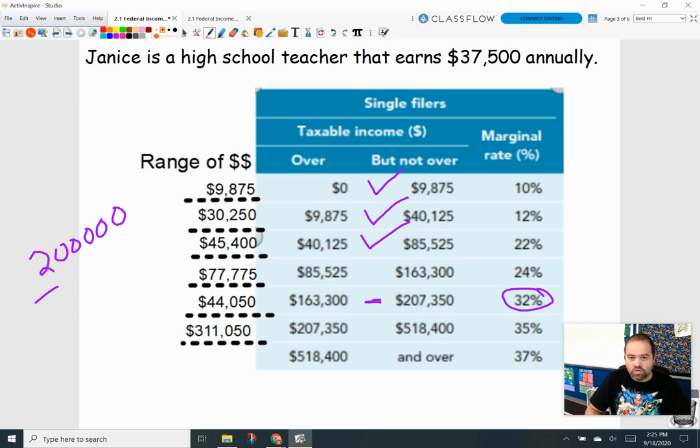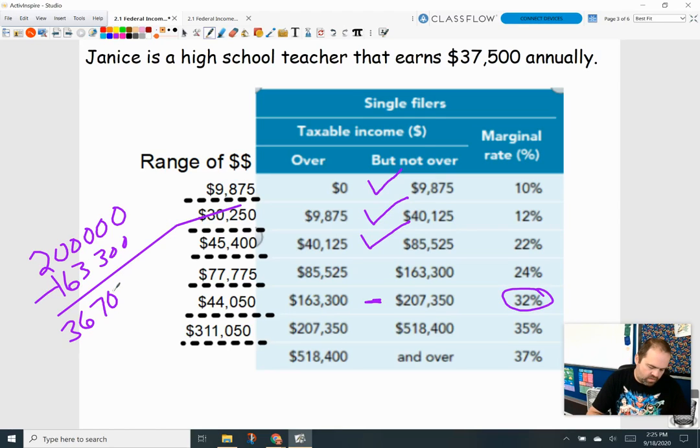So I would take my $200,000 and subtract 163,300, which will be 36,700. Okay, so my money's getting chunked up: a certain amount at 10%, a certain amount at 12%, a certain amount at 22%, a certain amount at 24%. It's not one flat amount.